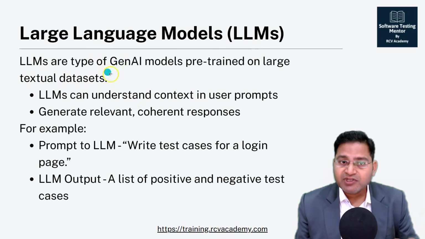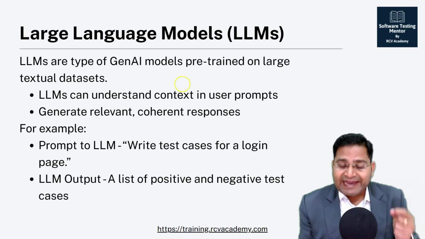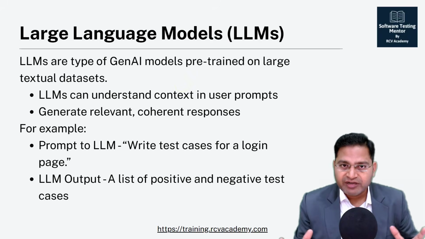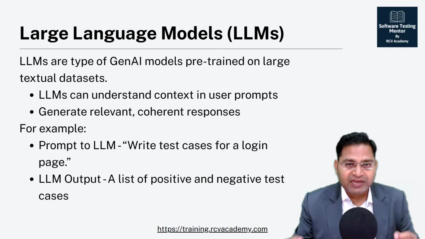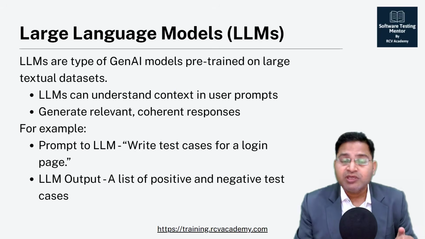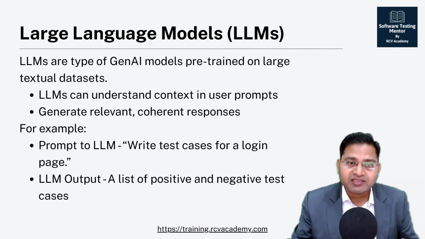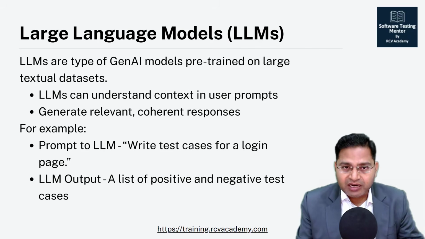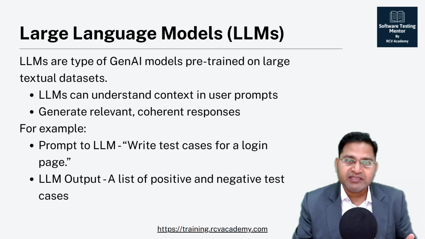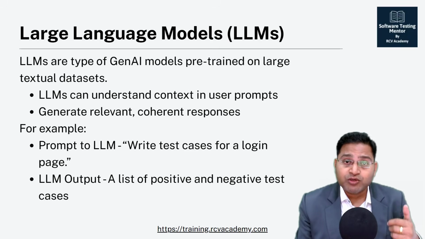LLMs are GenAI models which are pre-trained on large textual data sets. How are these large language models able to generate new content? As we human beings have a brain, and our brains have neurons, we observe, we read books, we watch tutorials, and then we consume and learn knowledge in our primary days, in our engineering days, in our higher education days, in our organizations when we are doing hands-on.